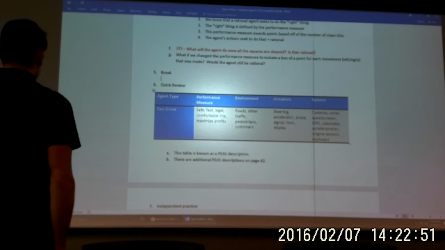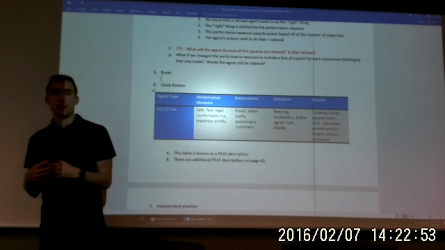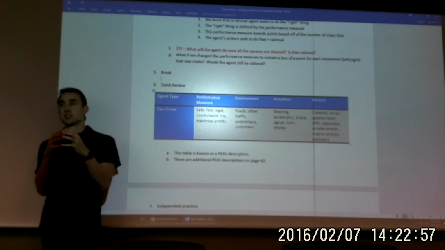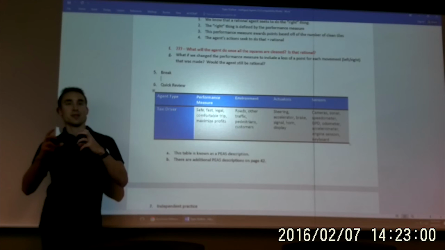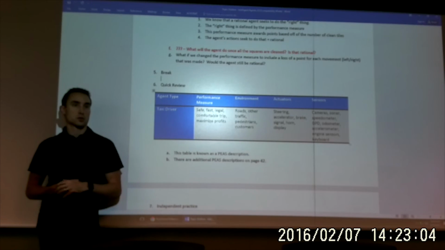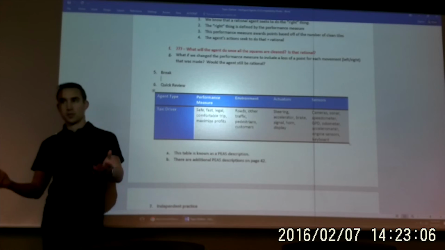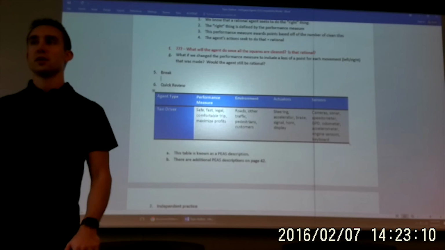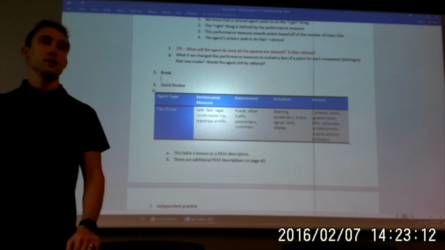They take that information, they make a decision about it. That is their agent program. Once they've made a decision about what they're going to do, they then act on the environment using their actuators, whether that's moving or doing something to it. That is the basic agent-environment interaction sequence. You guys need to know that.